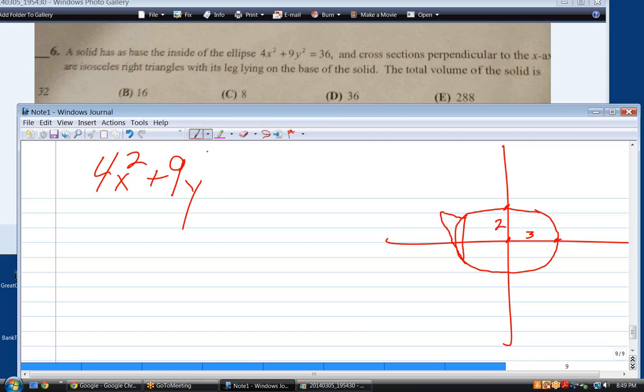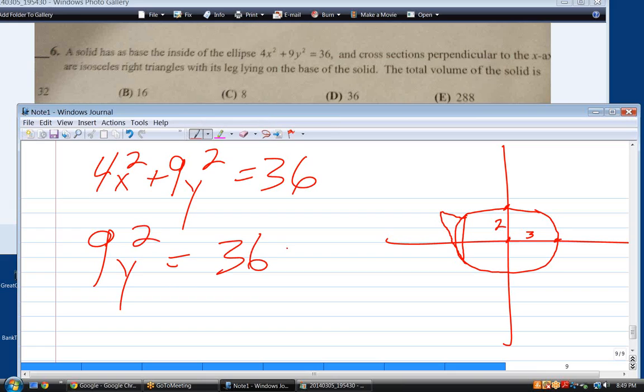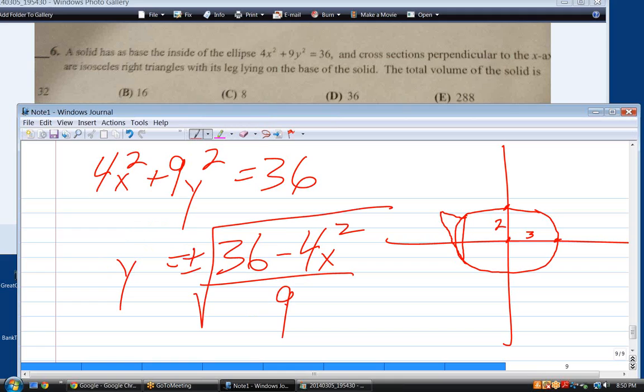Oh, yeah. Well, here, let me do it first. We have 9y squared equals 36 minus 4x squared. So y squared equals that divided by 9, and y equals plus or minus the square root of that.